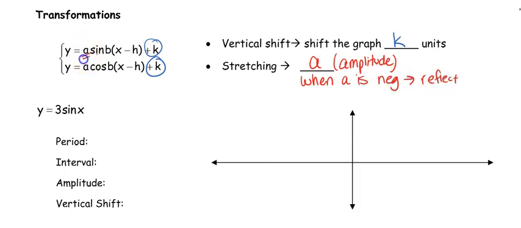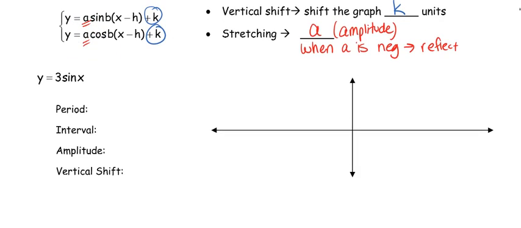So when we're looking out here, here's your A value. When we look at our first one, we see that our A value is 3. Your B value, there's no number there, so it's going to be 1. There's no H, there's no K. So remember that your period is 2 pi divided by B, which is 2 pi divided by 1, which just means it's going to be 2 pi.